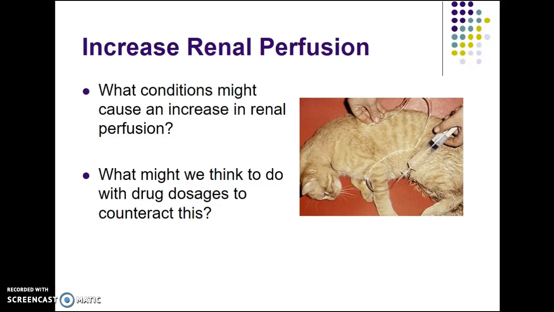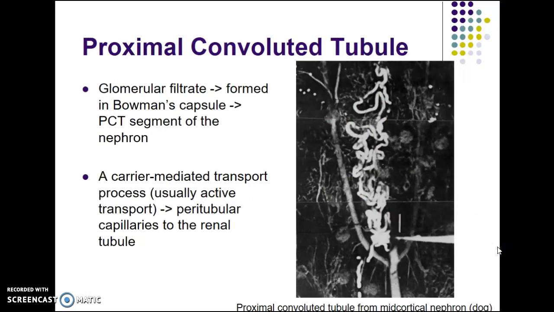This will eventually occur in this kitty, but more commonly in giving an IV to a kitty that is going to allow more renal perfusion, more drug to be filtered out. So we might have to add more drug for a situation where we're giving an animal IV fluids.